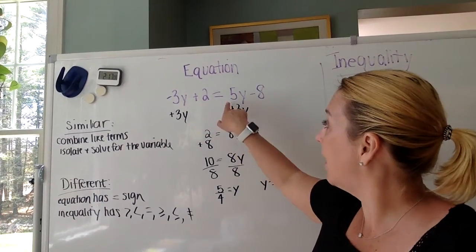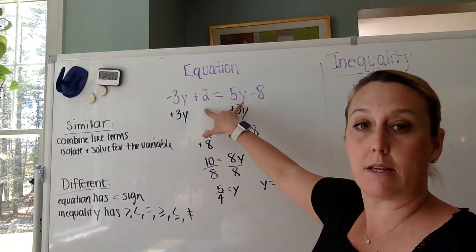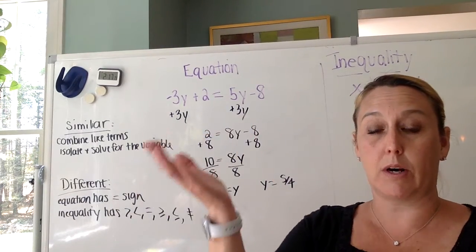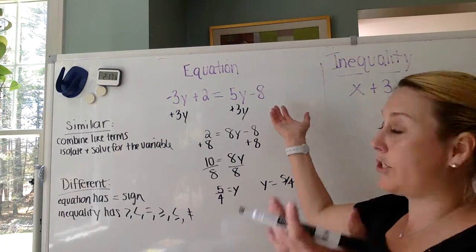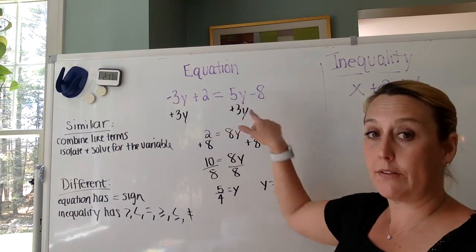In this equation, the only value for y can be 5/4. That's the only value that, when you plug it in for these y's, will make both sides equal to each other and balance out. With an equal sign, they have to be equal to each other.